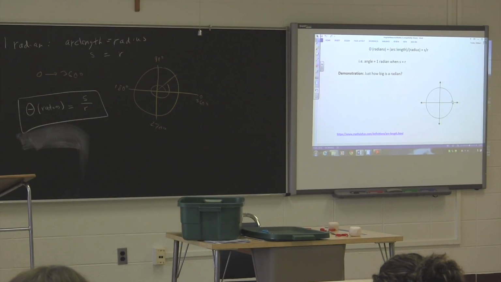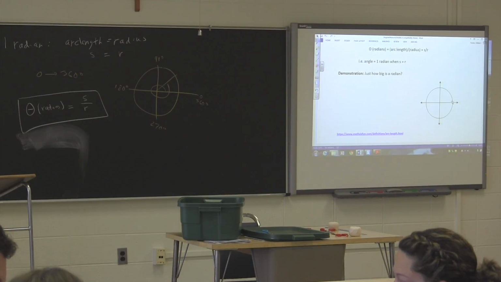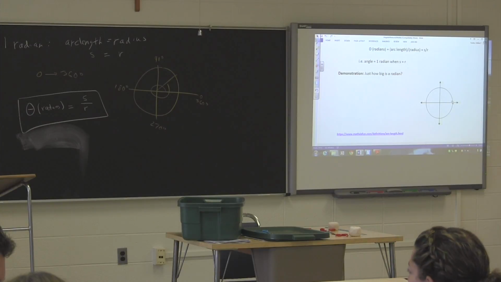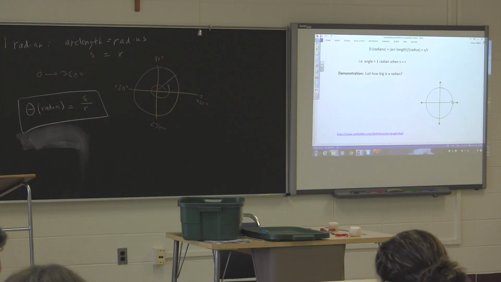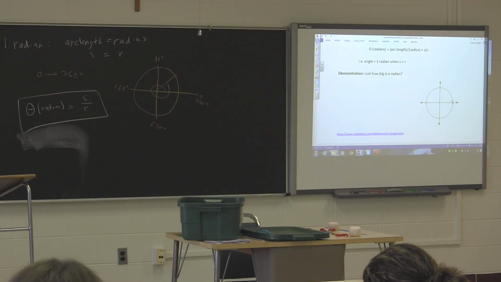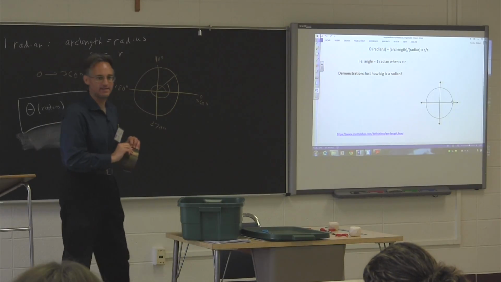So it's going to be about maybe to here. So that's about 1 radian. Okay? All right, who can show us 2 radians?